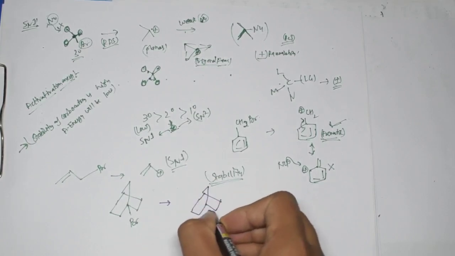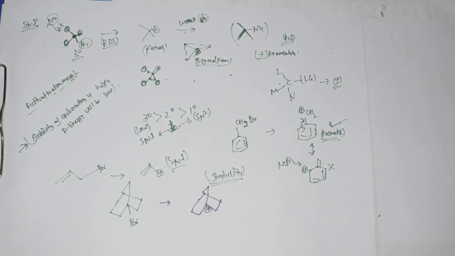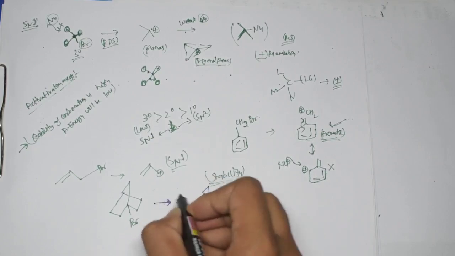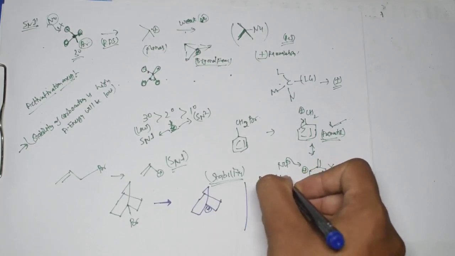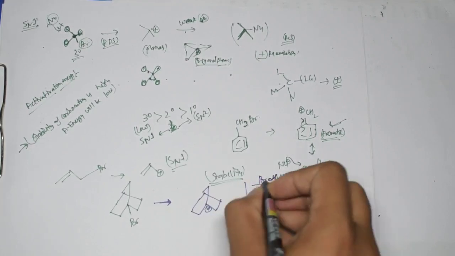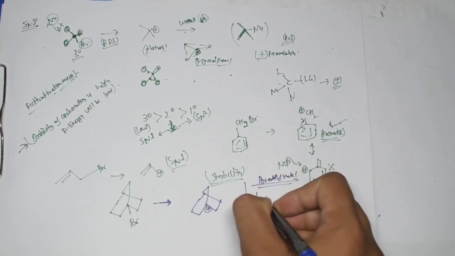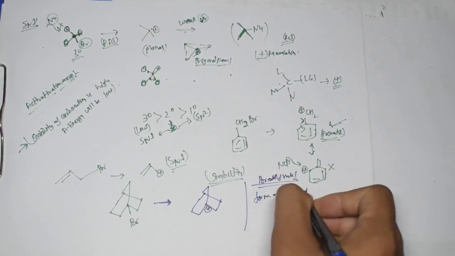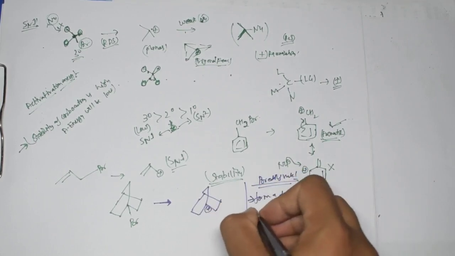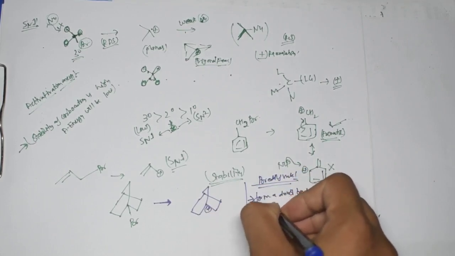Is it possible? Here positive charge will come. Before that, let's discuss Bredt's rule, which says that it is not possible to form a double bond, and the first thing is the double bond, and the second thing is the carbocation.